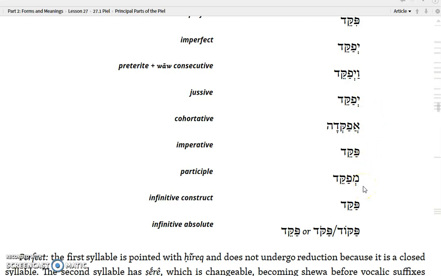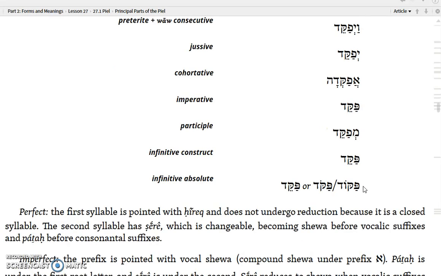And then the participle has a prefix mem with a shewa under it. Infinitive construct is the same as the imperative. The infinitive absolute can be the same as the infinitive construct, though it can also have an o vowel, similar to the infinitive absolute in the Qal, either spelled with the vav or just with the holem.